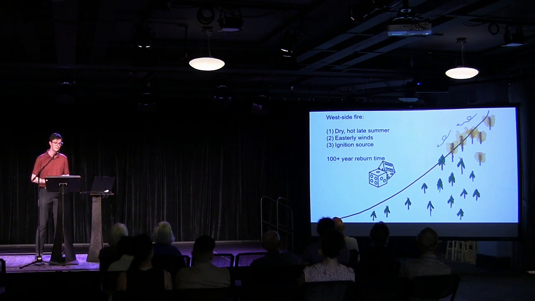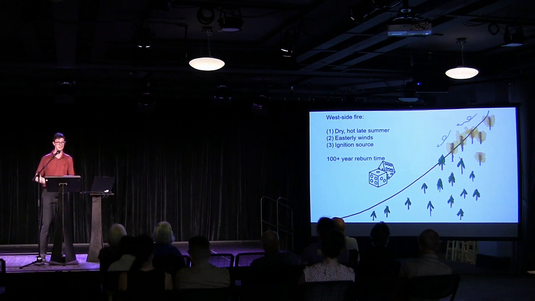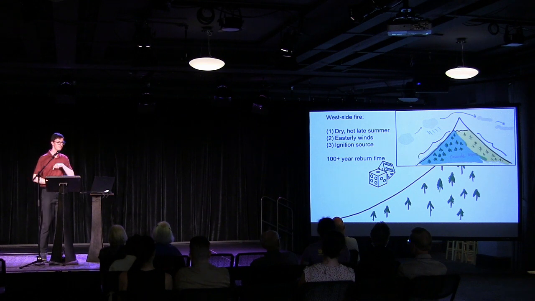You need three things for fire to happen: dry, hot, late summer weather; easterly winds, so winds blowing from east to west; and then an ignition source like lightning or like a silly person with a firework. One and three pretty much happen all the time, but two is really rare. Because remember, I just told you, the wind goes the other way. So that's why fire is so rare in this part of the state: you need the wind to flip directions and also have incredibly dry, very hot weather.